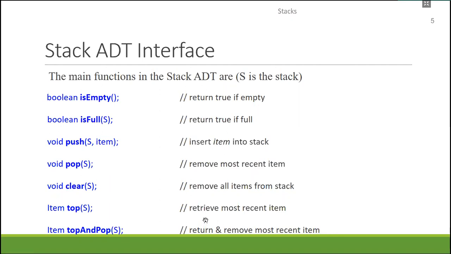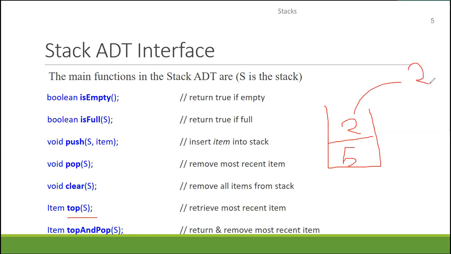Now here, try to understand the difference between the pop function and the top function. The top function only retrieves the most recent item. So if we are using a stack, and let's assume 2 is the most recent item, the top function will return you 2, saying that this is the top recent item.